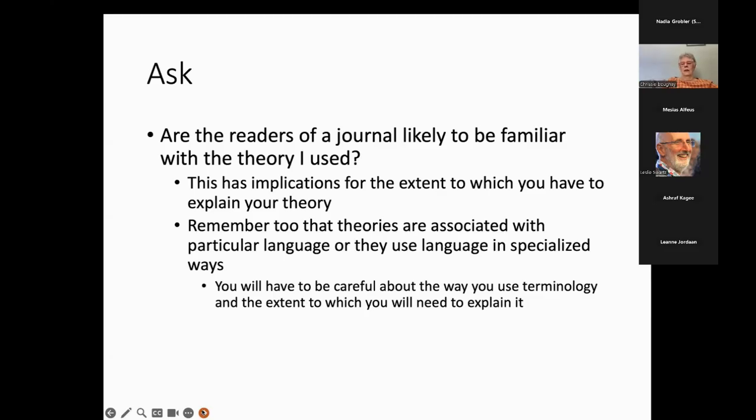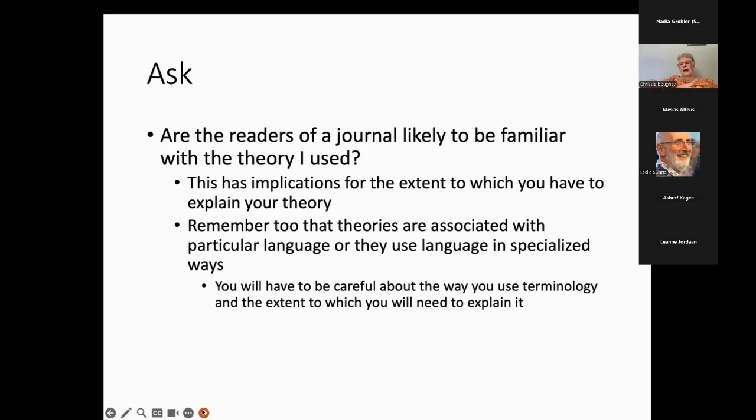And remember too, that theories are always associated with particular language, or they use language in specialized ways. So one of the theories I use, critical realism, it uses the term emerge or emergence in a very specialized way. And you have to explain what that word means in relation to this particular theory, because it's not just come into view, it's got this very specialized meaning.